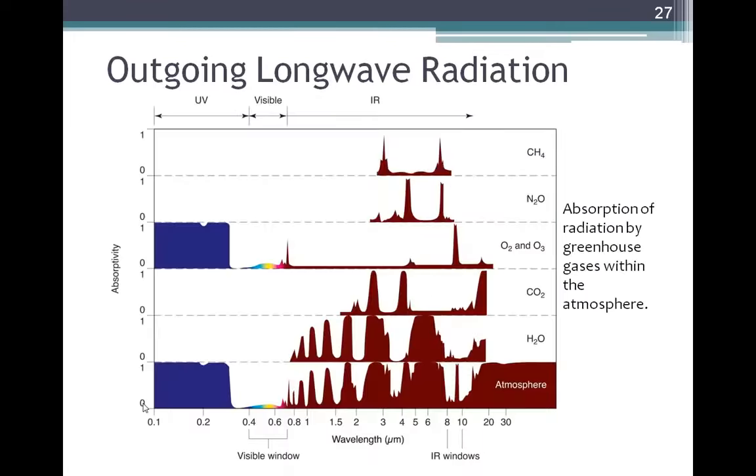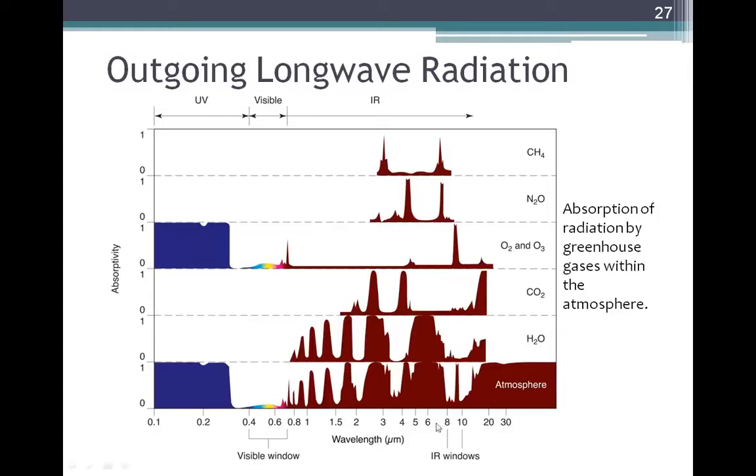This image shows outgoing long wave radiation in different wavelengths, broken down by different greenhouse gases. Greenhouse gases are gases that have this effect that I just described. They don't absorb solar radiation, or if they do, it's in small amounts, and they trap long wave radiation.